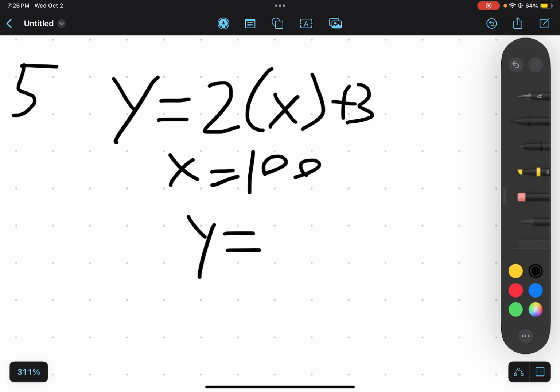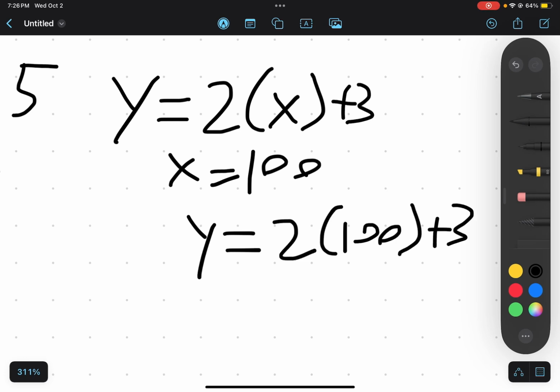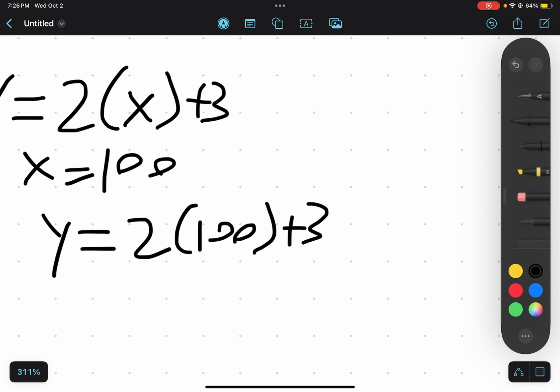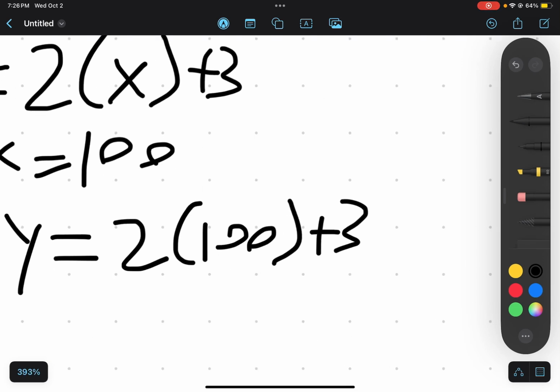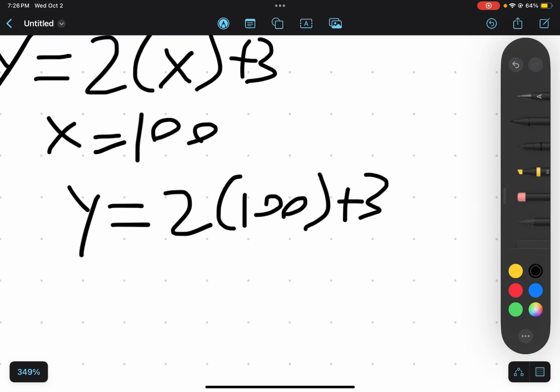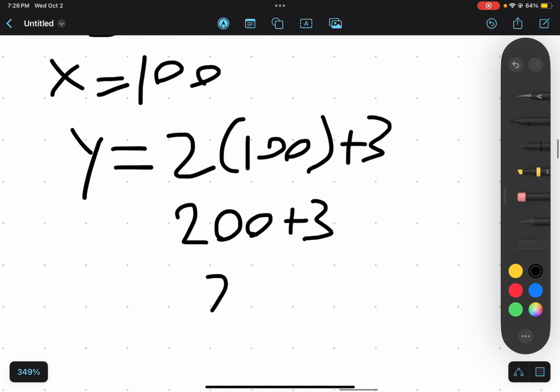Y equals 2 times 100 plus 3. Again, elementary level. But the numbers can be infinitely up or down as an x value, and where y is the dependent value, depending on the x value. So 2 times 100 is 200 plus 3, which would be 203. Never forget your notations.